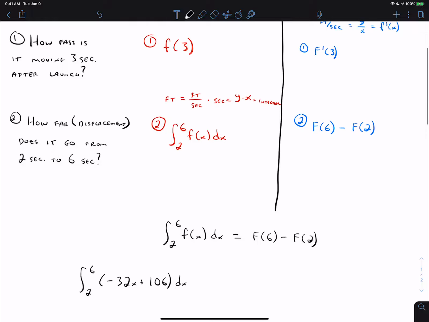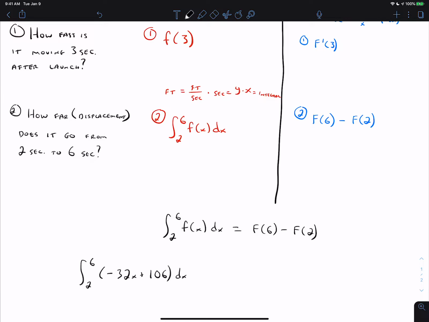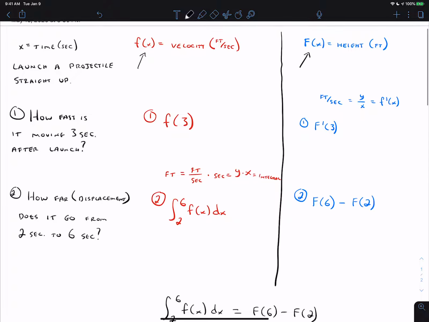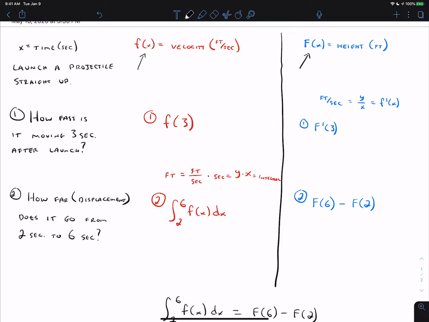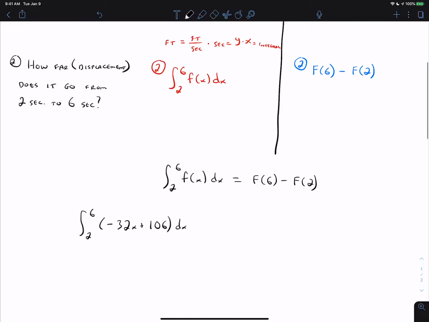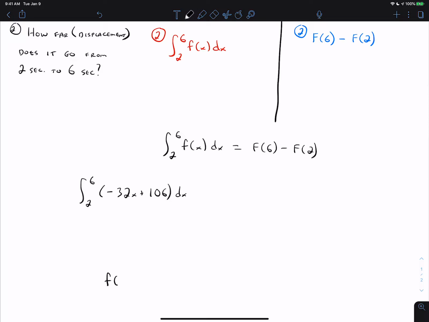Well, that means that given the function little f of x, we need to find capital F of x. The relationship between the two is that little f of x is a derivative. So little f of x is the derivative of capital F of x.